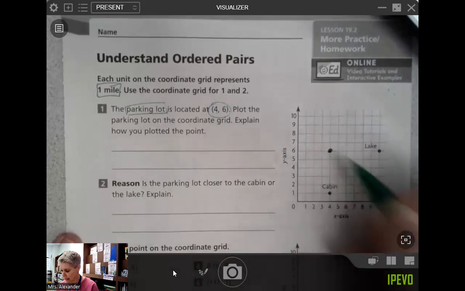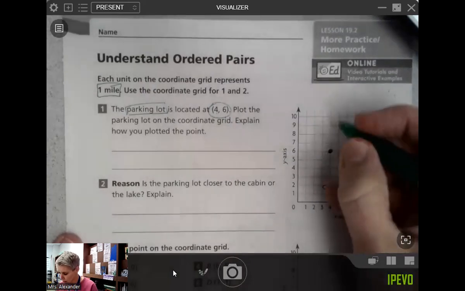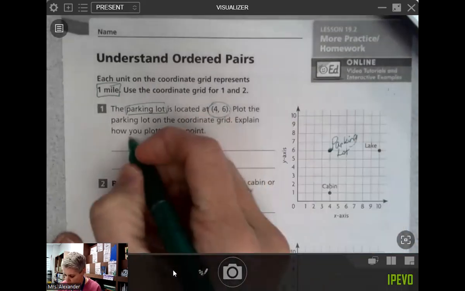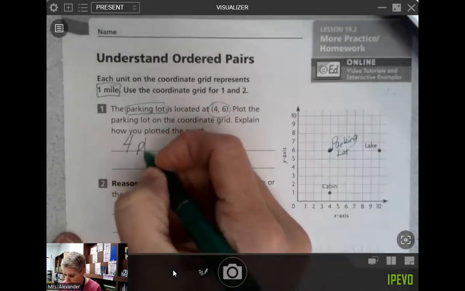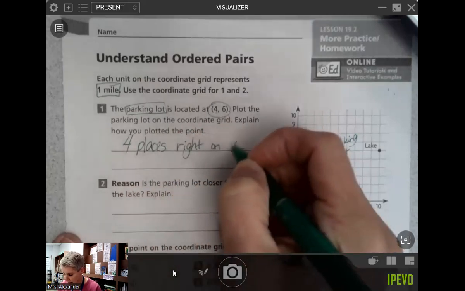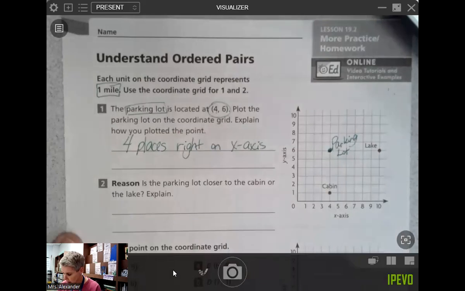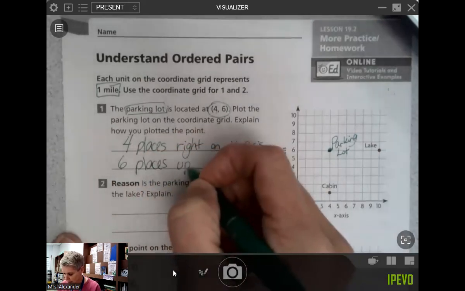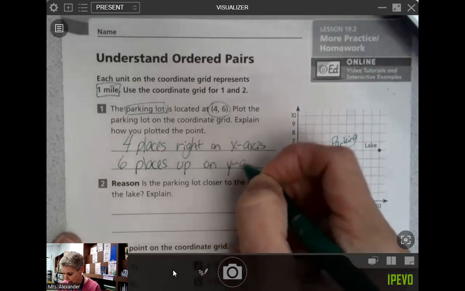And where those lines intersect is where we'll put the parking lot. There it is. 4 places right on the x-axis and 6 places up on the y-axis.